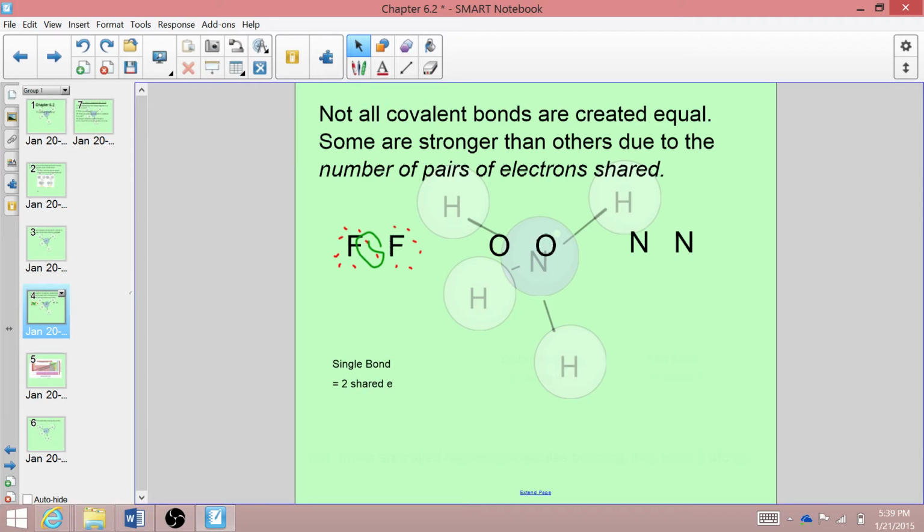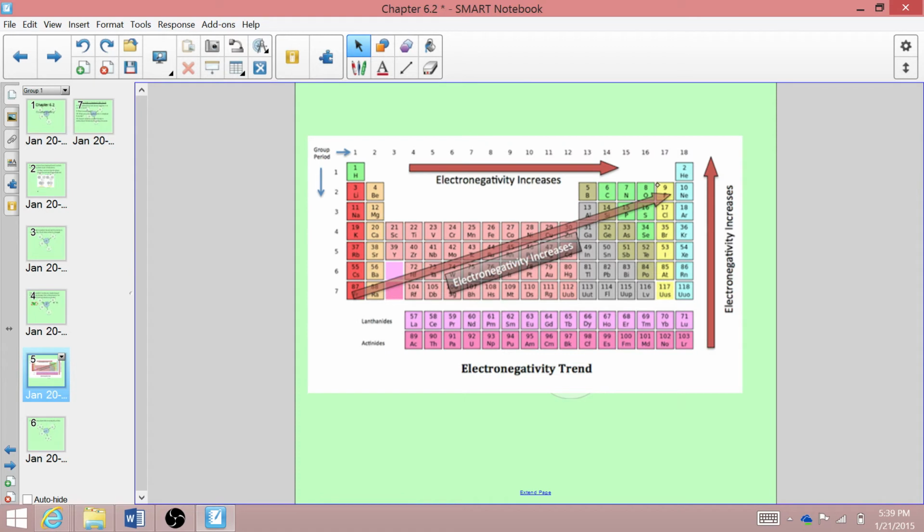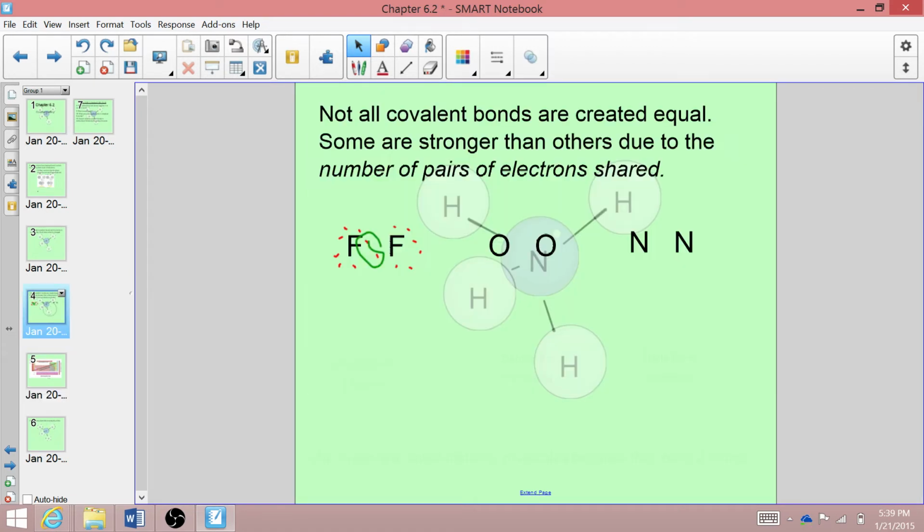Now if we look at oxygen next, oxygen is over here. It's in the 16th group, which means that it has 6 valence electrons. So if we draw the dot structure for these, we have 1, 2, 3, 4, 5, 6, 1, 2, 3, 4, 5, 6. And if we think about, okay, we want these oxygens to have 8 electrons in their outer shell, they can't just share 2 of them, because if they share 2, then each of these is only going to have 7.